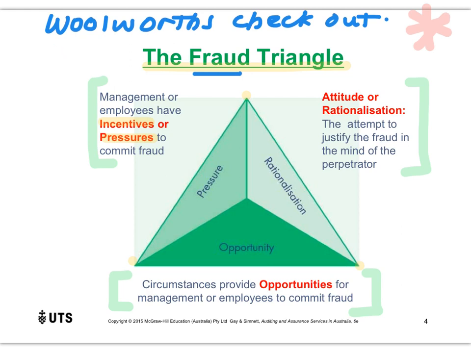So this scenario shows you how in a situation such as this one, where fraud is committed, remember stealing is a type of fraud, it's called misappropriation of assets, that comes about because of some incentive or pressure to commit the fraud, an opportunity to commit the fraud, and an attempt to justify the fraud in the mind of the person committing the fraud. So typically, in order for a fraud to take place, you will see these three elements come through.